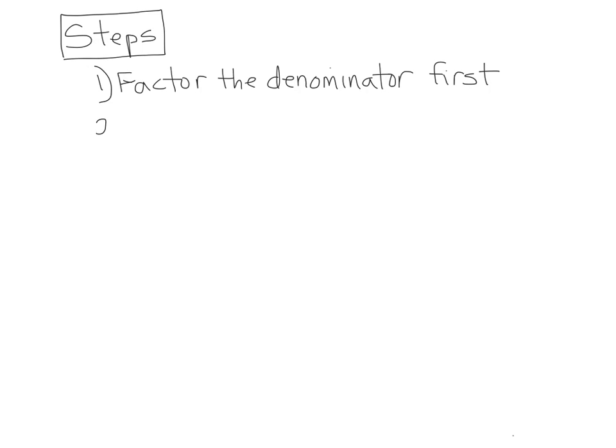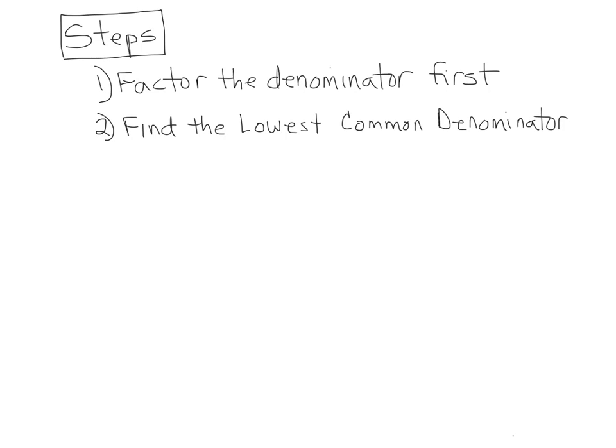All right? Number two, you're going to find the lowest common denominator. So this is very similar to adding and subtracting. So it starts out anyway very similar to adding and subtracting.